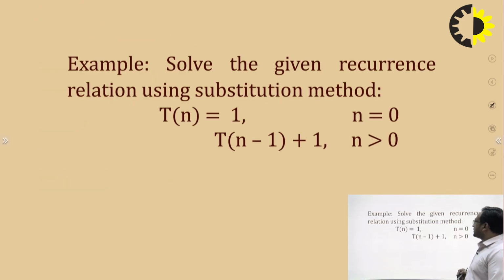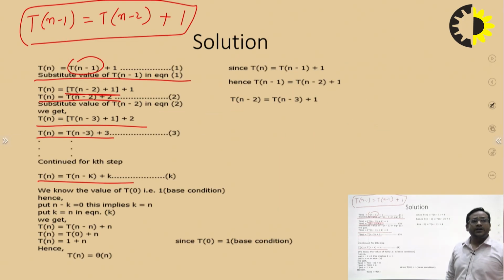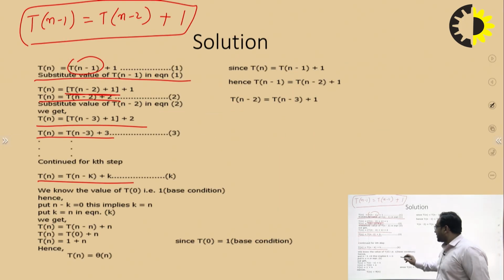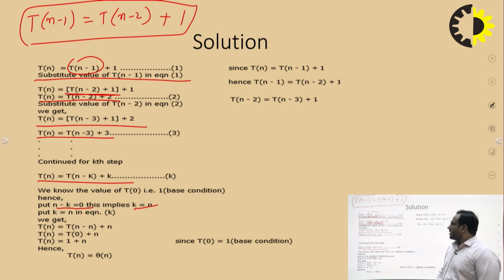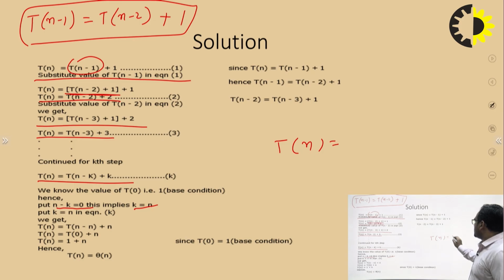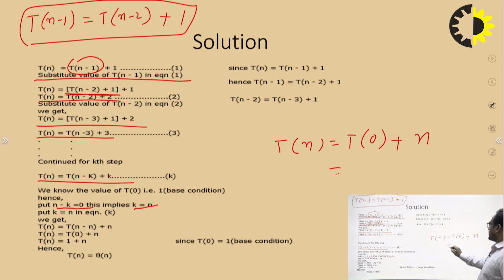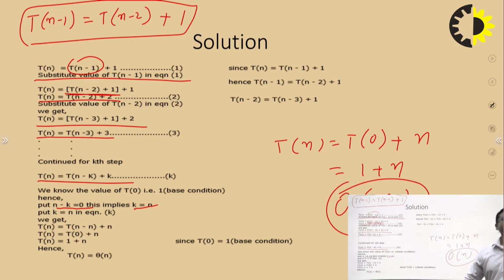According to the function given here, when n is equal to 0 it is 1, a constant, so it will terminate. So n minus k is equal to 0, so k is equal to n. Then T(n) is equal to T(0) + k, with k equal to n, that means 1 + n. So the big O of this is n. This is the solution.